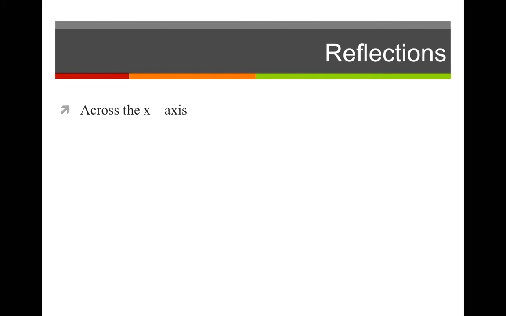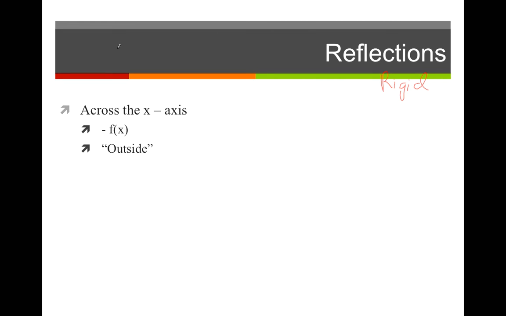Okay, I forgot I did reflections first. All right, so reflections are also going to be rigid motions, or at least I think they're rigid motions. If we wanted to reflect a function across the x-axis, or about the x-axis, is usually how things are worded, we would take the opposite of the original function. So that would make all of my positive y values negative, or all of my negative y values positive. So we put a negative on the outside of the entire function.